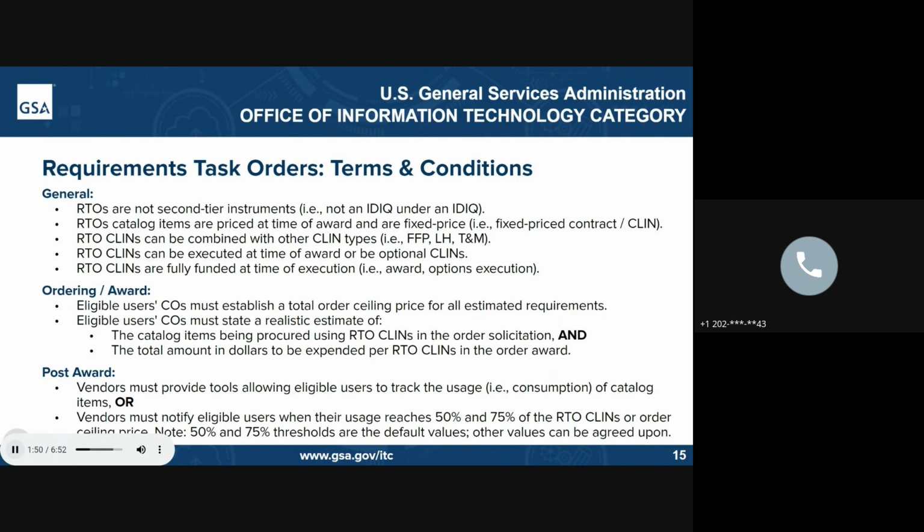Requirement task order CLINs can be executed at time of award, so when you award the contract or you execute an optional period, or the requirement task order CLINs can be optional CLINs within a period of performance. And this is fantastic if you do not know exactly what your consumption would be over the course of the year, and you don't want to over allocate a budget.